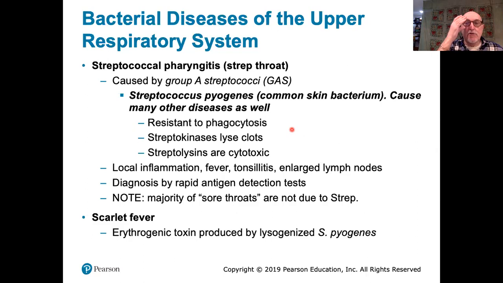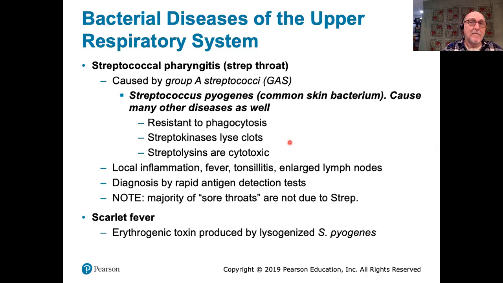But these streptococci have a number of virulence factors which make them important. First of all, they are resistant to phagocytosis. They have thick capsules, and the macrophages, the phagocytic cells, have difficulty actually seeing them, responding to them to actually phagocytose them.